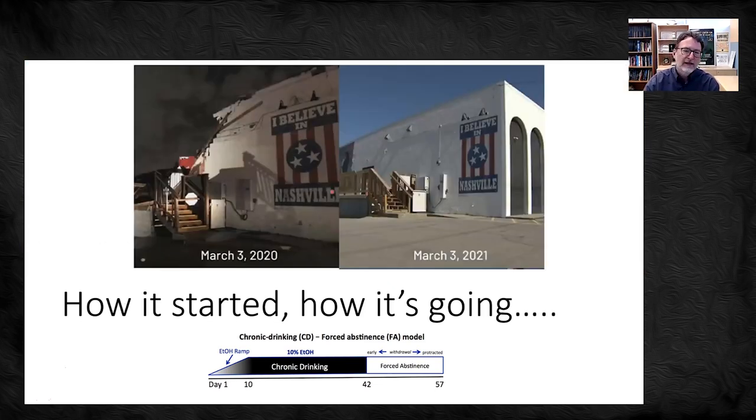Thankfully, many of these buildings have been restored in recent years, in the last 2 years. This is an example of that same building the night of the storm, and then a year later, completely restored and open for business. And I would equate this to the ketamine data that I just showed you. So we can reduce symptoms with acute administration of ketamine.